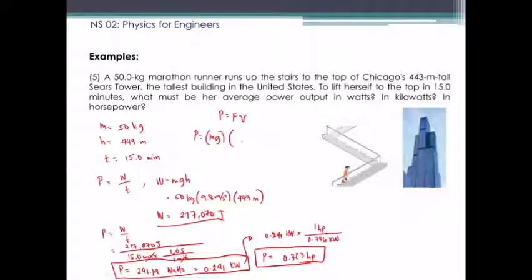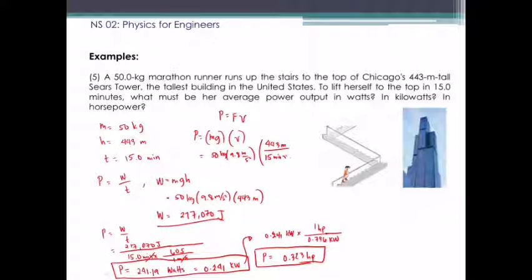So, we have 50 kilograms times 9.8 meters per second squared, and our velocity is the height, 443, displacement over time of 15 minutes.